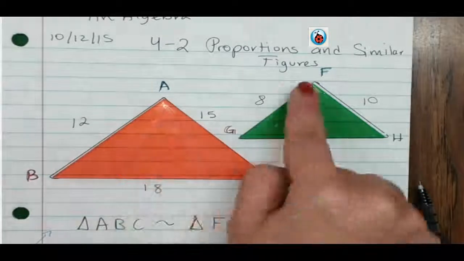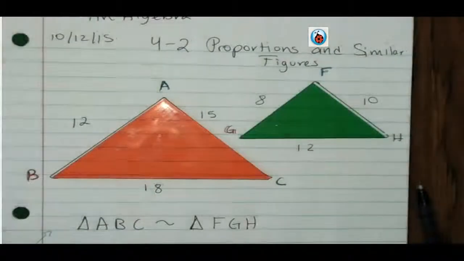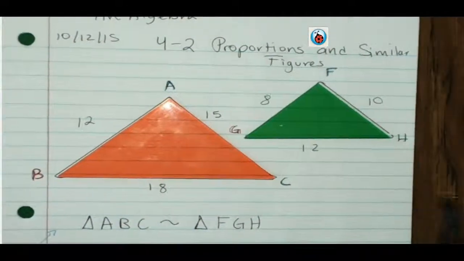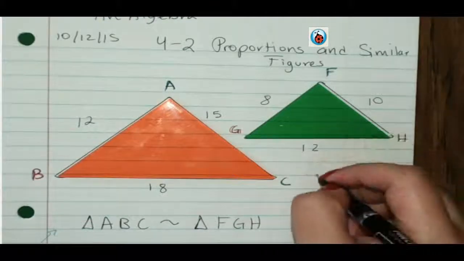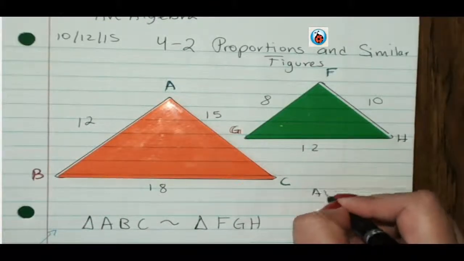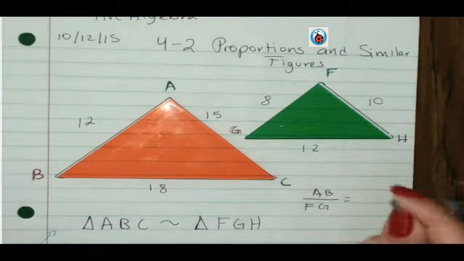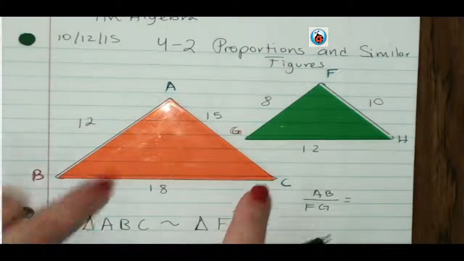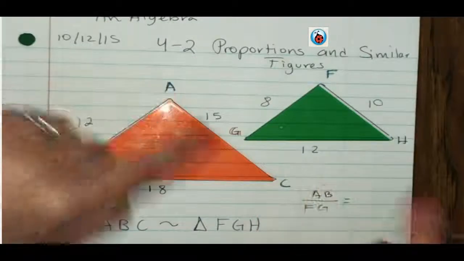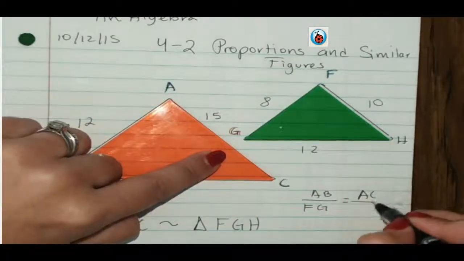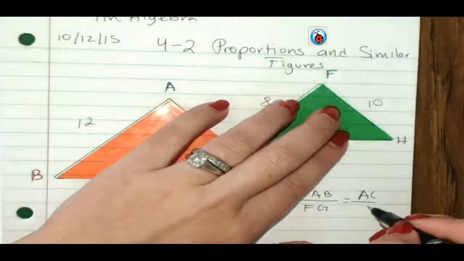They're in the same relative position. Do you see that? Okay. So if we say AB corresponds to FG, that means that that proportion should be equal to AC and FH.